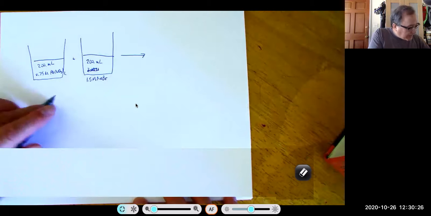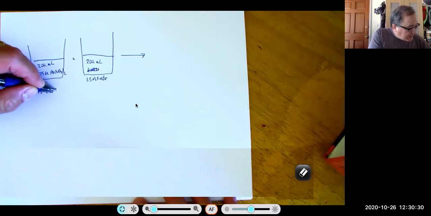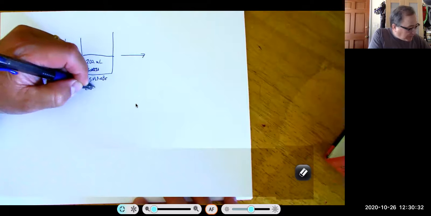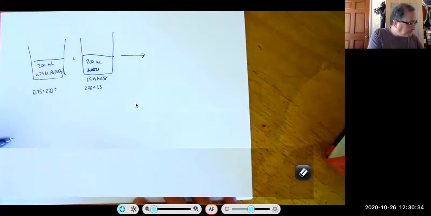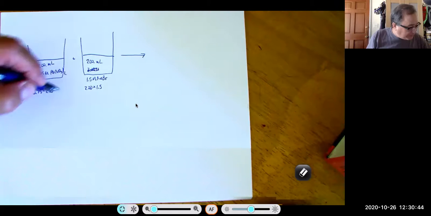Now, if we do a real quick calculation, 0.75 times 200 and 200 times 1.5, you can see that this is 150.